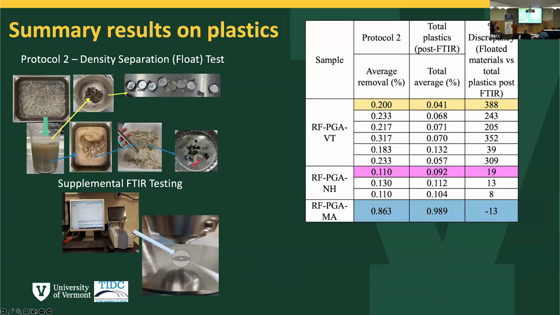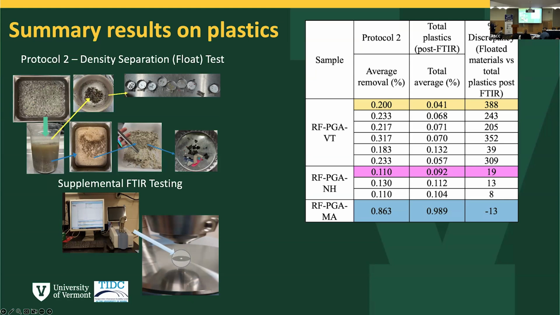So after doing this tedious analysis, let's look at the 6 Vermont samples. This is real material from a recycling facility. When we just floated the material, separated it, and actually did the FTIR analysis, 0.2% of the material floated, but only 0.04% turned out to be real plastic.